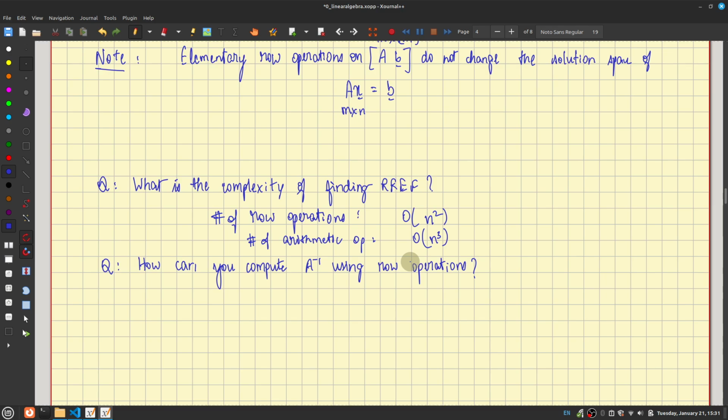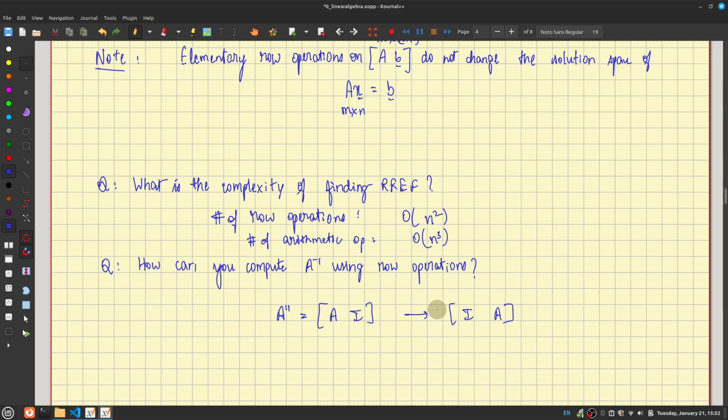So now, using row operations, how would you compute the inverse of a particular matrix? Yep, you take A, I, let's call this A double prime. So what you do is you take this augmented matrix and you perform row operations on this, and you try to reduce it to the form I, of course.